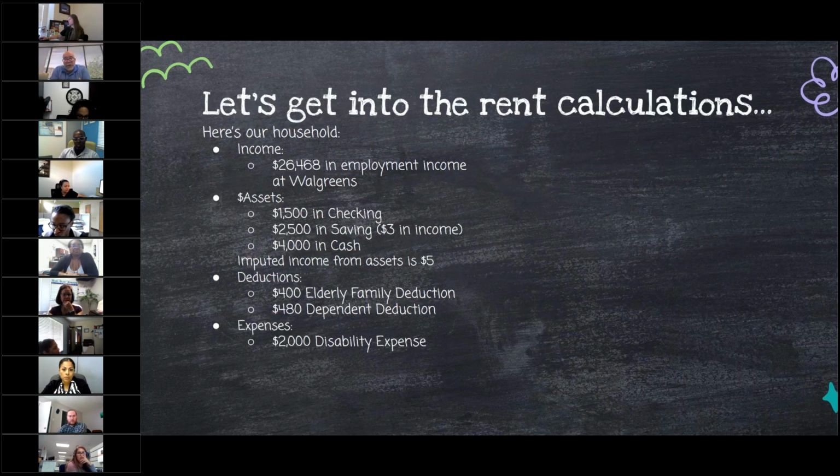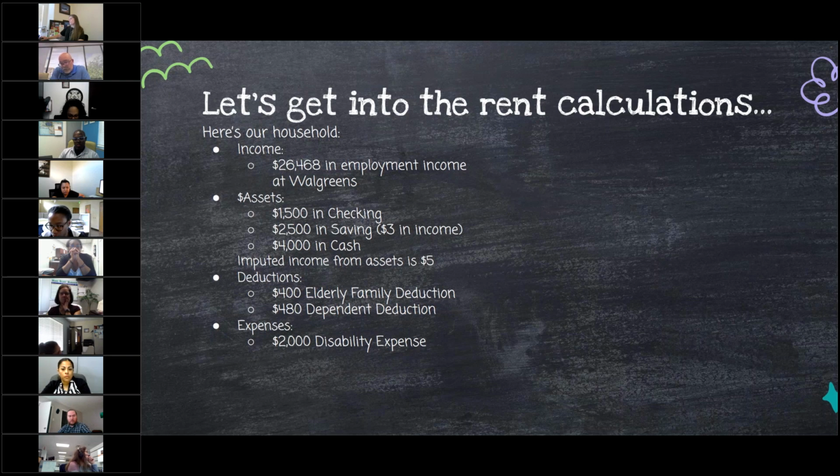So we talked through income, assets, deductions, and expenses. Here's where we're going to start calculating income. We're sticking with that $26,468 from the 4 check stub average from Walgreens. Regarding assets, we have the $1,500 in checking, $2,500 in savings, and the $4,000 in cash.